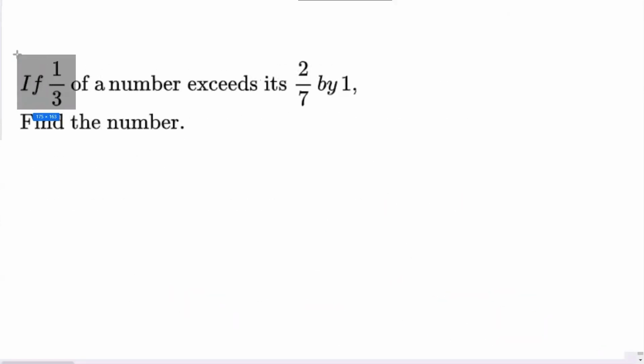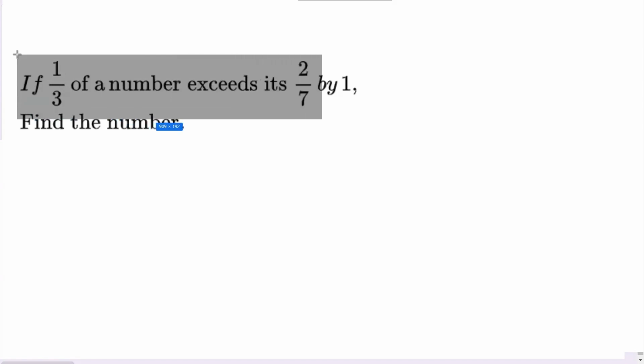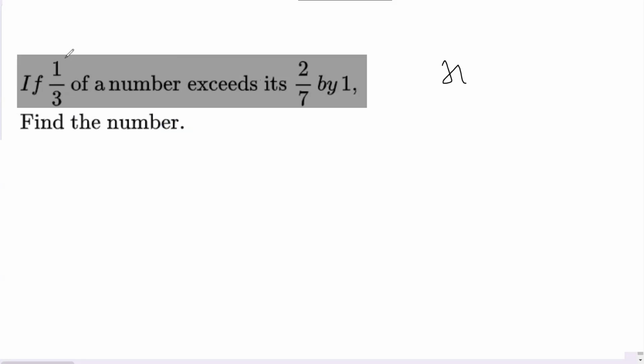It says if 1 over 3 of a number exceeds its 2 by 7 by 1. So let's say I take the number as x. Let's first find one third of this number: x over 3. And it exceeds 2 sevenths of the number, which is 2x over 7.